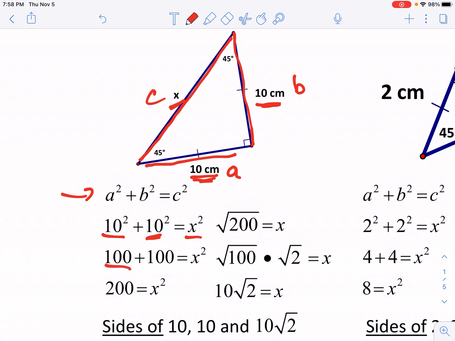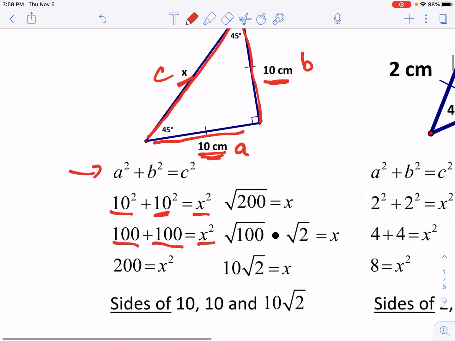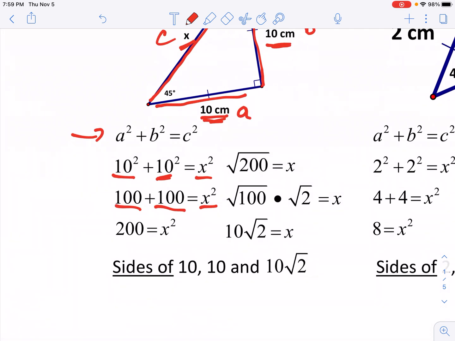So you'd have 100 plus 100 equals x squared. Adding that together, we get 200 equals x squared. What's the opposite of squaring something so we can get x by itself? A square root, right? So if I square root both sides, my opposite operations cancel out, and I get the square root of 200 equals x.